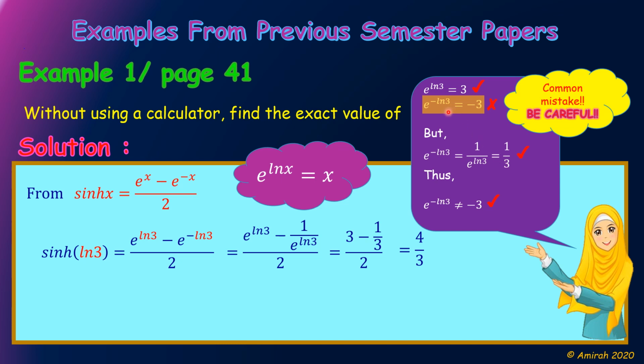This is a very common mistake, so you need to be careful. Use properties of indices first to make the coefficient of ln equal to positive 1.